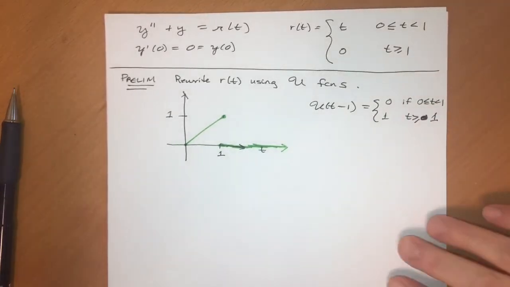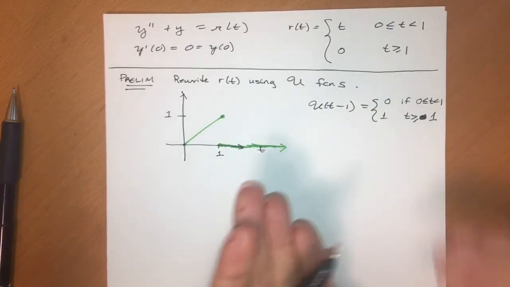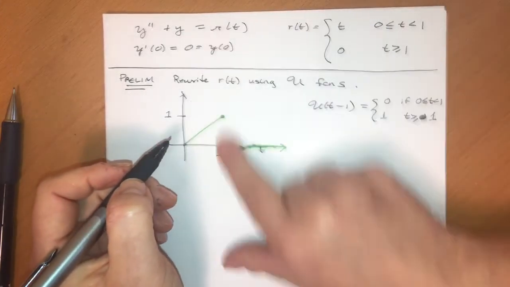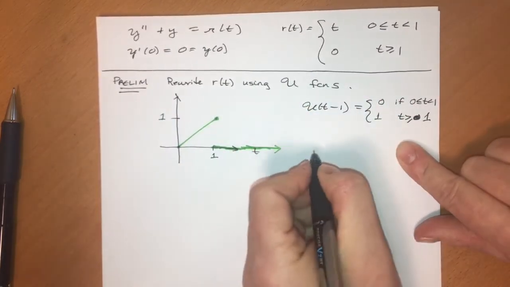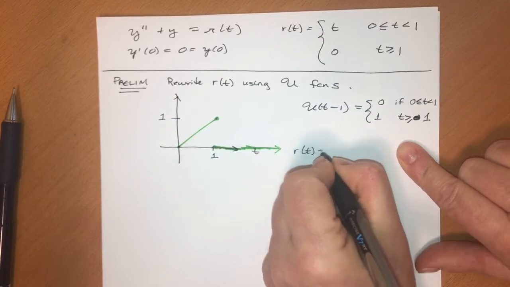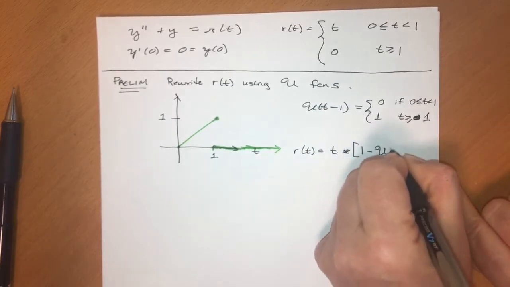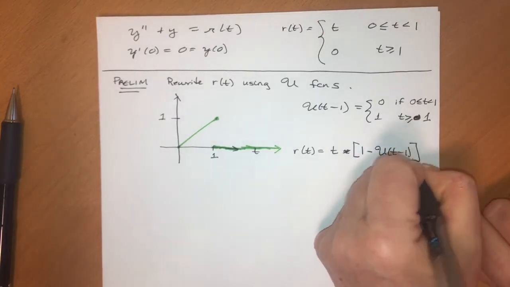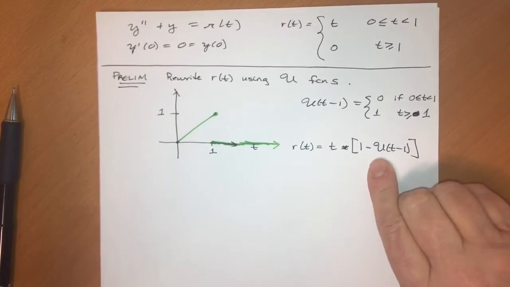So in order to have my function be on from 0 to 1 and then turn off, I need to subtract this off of 1. And my r of t will be t times the quantity 1 minus u of t minus 1, because that's what will let it be on first and then be off.